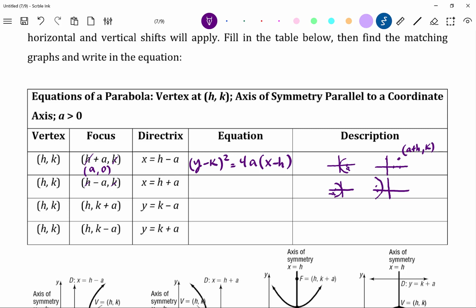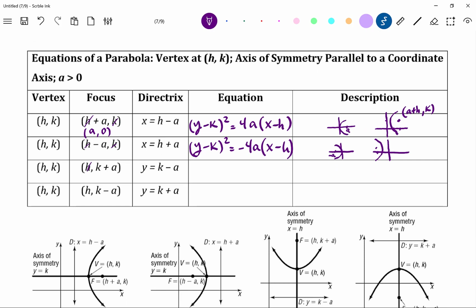And I incorrectly graphed that parabola passing through 0. It doesn't need to pass through 0, and it also can be way deeper than the y-axis, depending on how big h is. I'm going to graph it smaller. So this equation is again (y minus k) squared, but then negative 4a (x minus h).